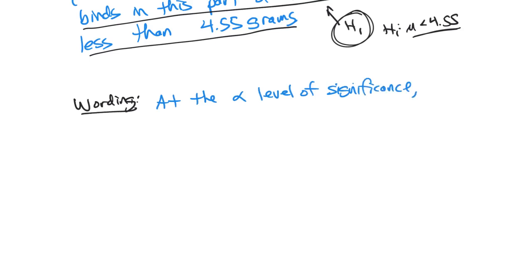We can start up every one of these conclusions with this. And just remember that this will be 1% or 5%. And we just say, the sample data or the evidence. You use one or the other or both.